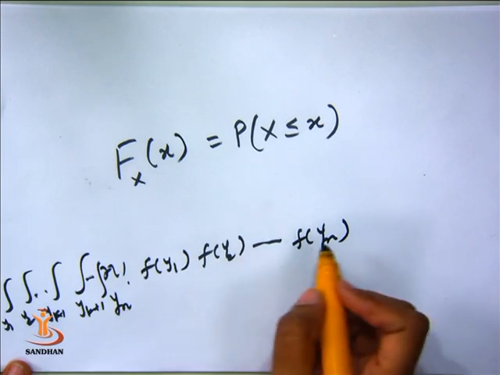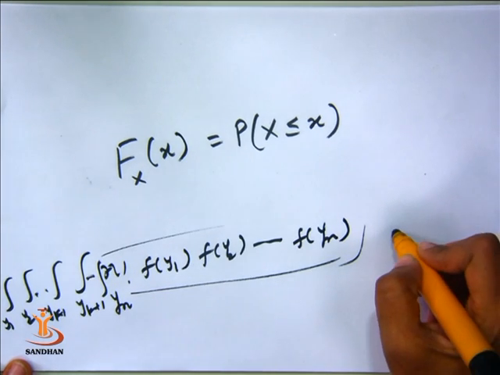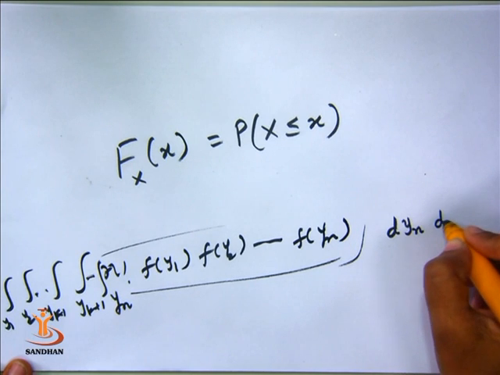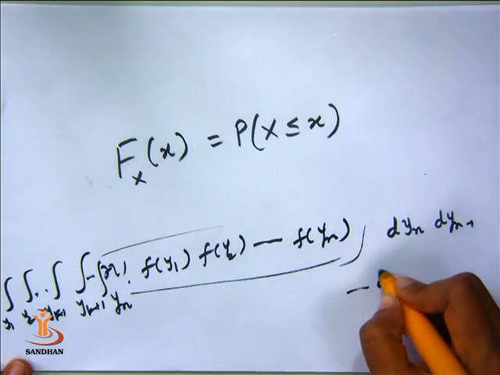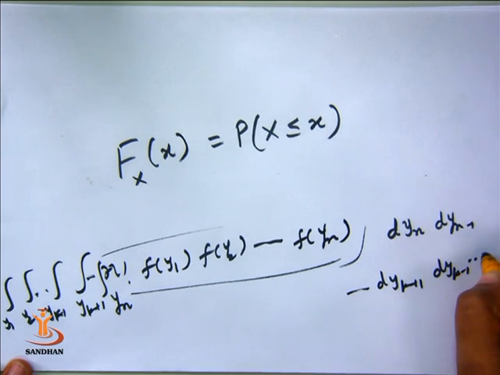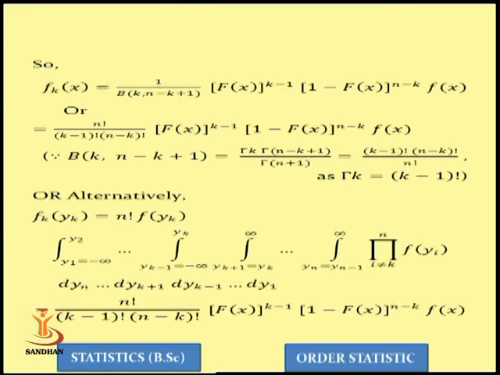Except for k, we integrate our joint density. So we integrate this joint density over yn, up to yk plus 1, yk minus 1 and so on down to y1, right? This is how we can obtain the marginal distribution of our kth order statistic.